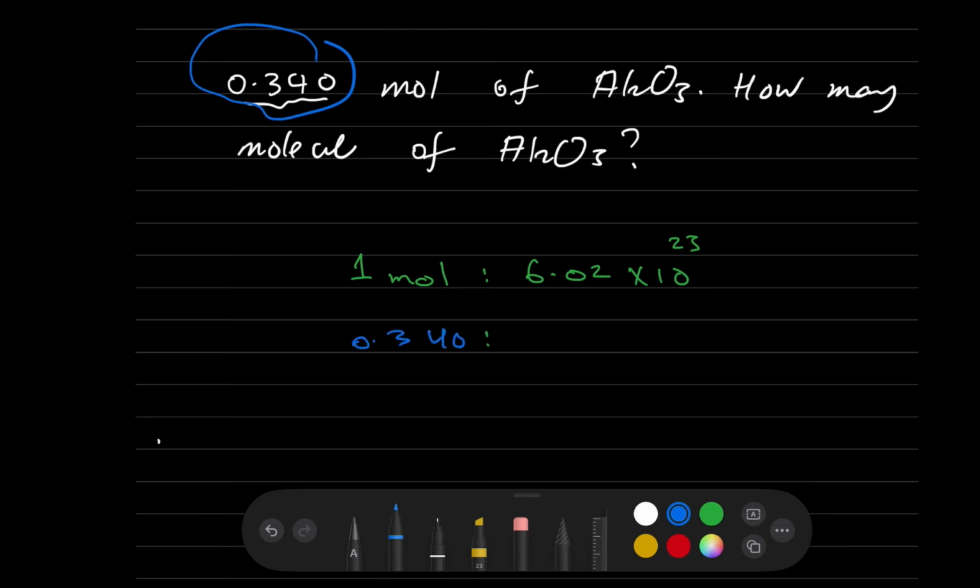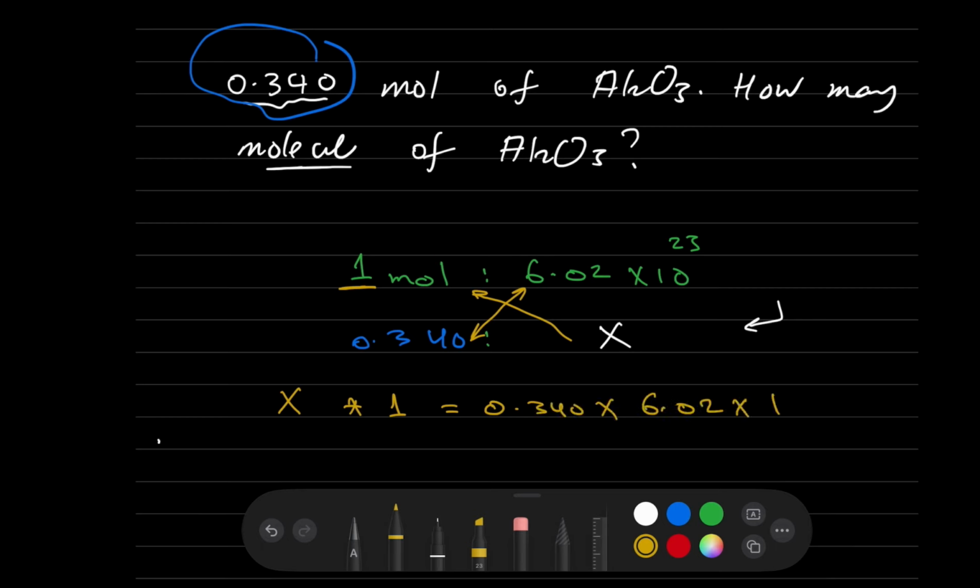0.340. And since you don't know the number of molecules, you can put X in here. How can I solve this equation? You multiply the 2 numbers that are diagonal to each other and then divide by the number in here. So we can say X times 1 mole equals 0.34 times 6.02 times 10 to the power 23.